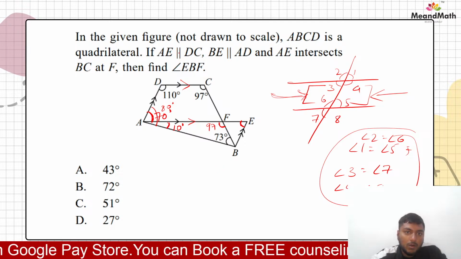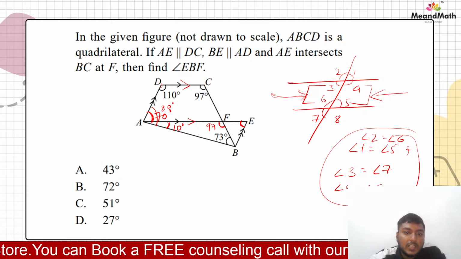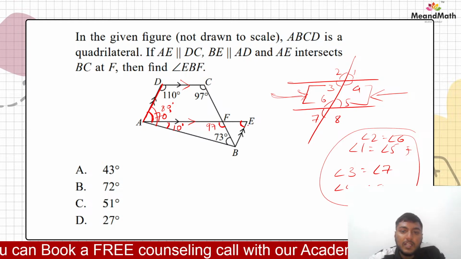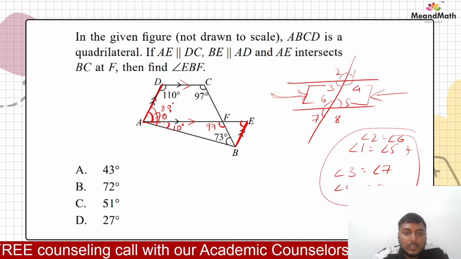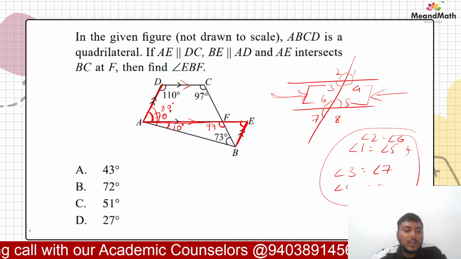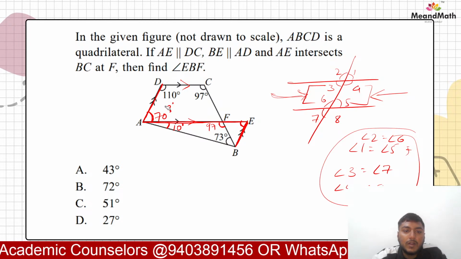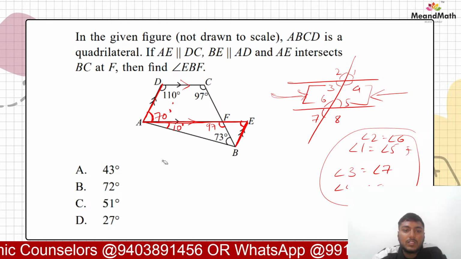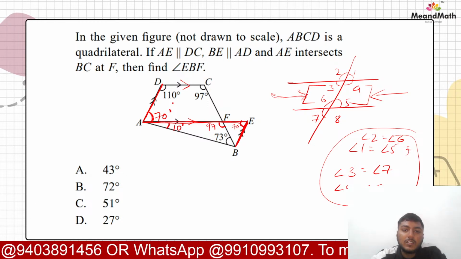Now beta, what also is given in the question? एक important चीज. This AD is parallel to BE, and beta, if you can see, this line is a transversal. So now what we can easily do? This angle E would be 70 degrees, yes or no?